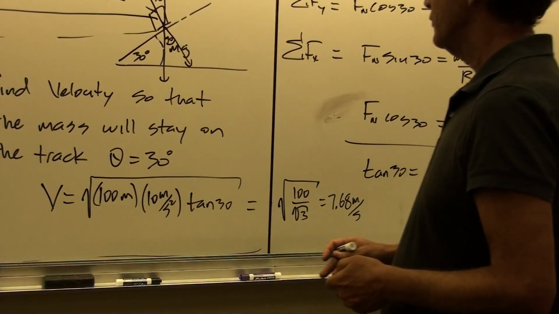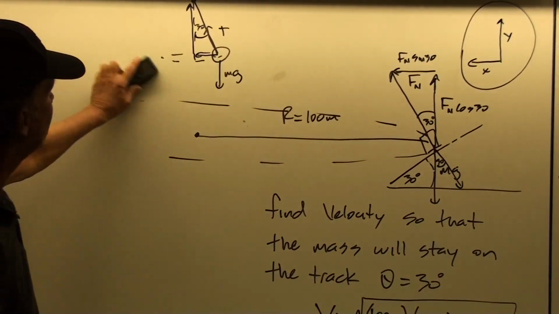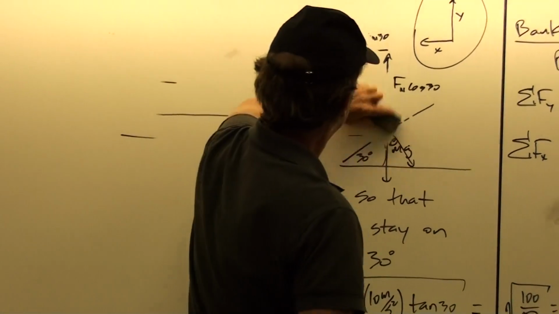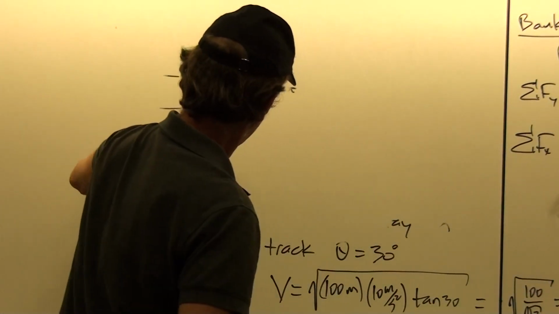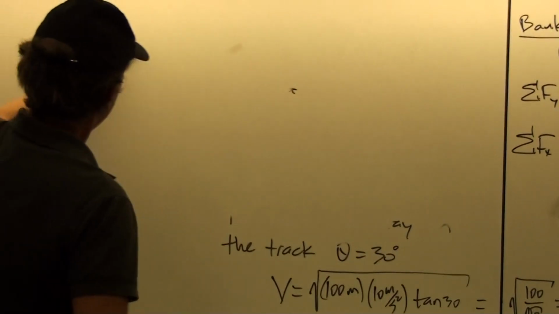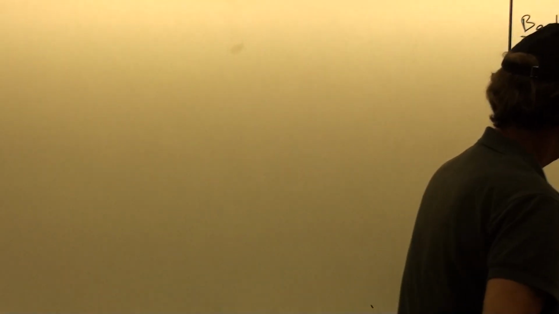Okay, now what I wanted to do next is look a little bit at, I'm not going to completely solve this problem. I'm going to let you do that. But in this next example, what I want to do is look at a banked race car track with friction.